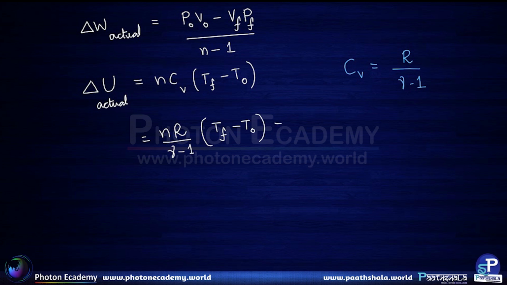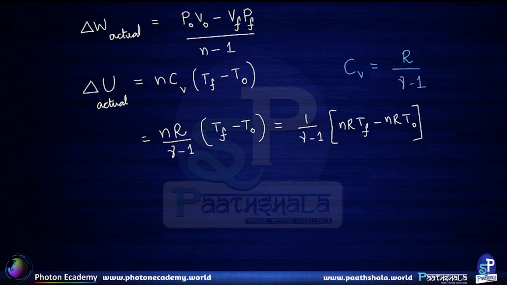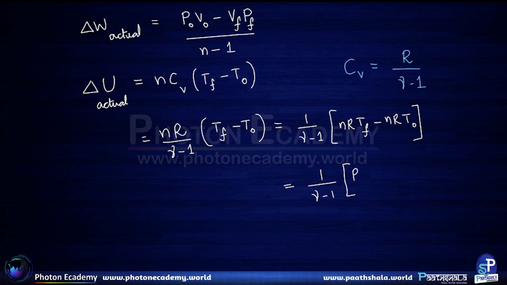So this is equal to 1/(γ − 1) times (nRTf − nRT0). nRTf and nRT0 can be replaced by PfVf and P0V0. So the final expression is going to be 1/(γ − 1) times (PfVf − P0V0). This is the expression for the change in internal energy in the actual process, which we have assumed to be PV^n = constant.